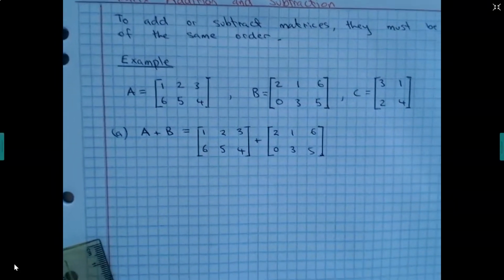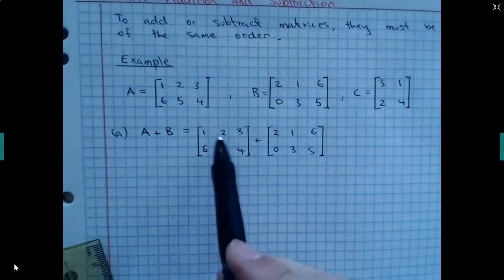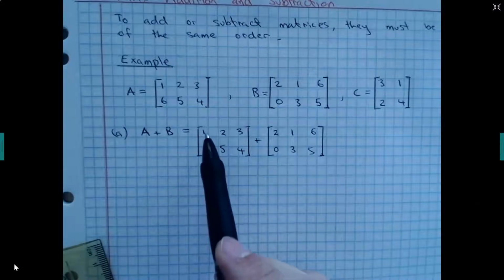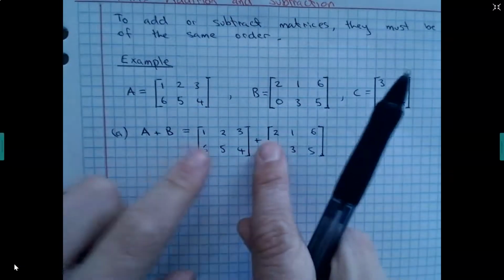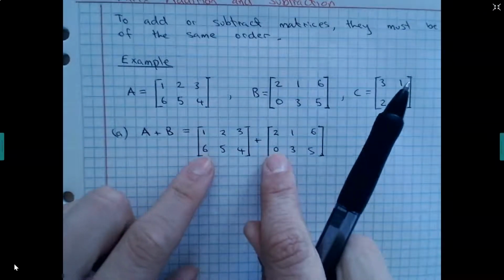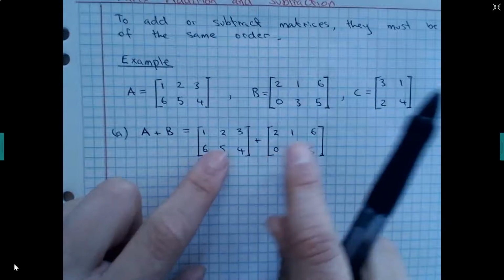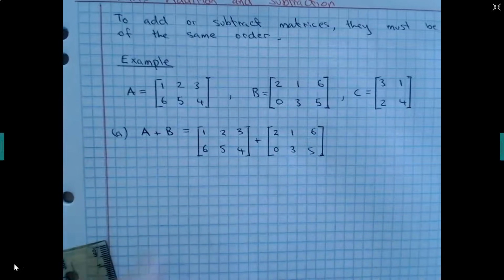Now when we want to add 2 matrices, we basically are just adding each of the elements which are in the same position. So I'd go 1 plus 2. See how they're both in the position 1, 1? Alright, and then the ones that are in position 2, 2, I add those ones. The positions 1, 2, I add those ones, and so on.